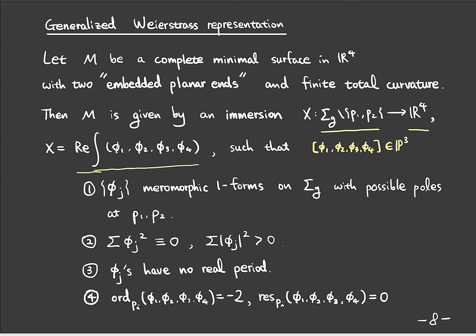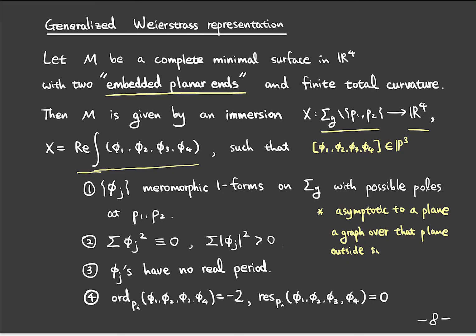Here we say the end is an embedded planar end if it is asymptotic to a plane, and it becomes a graph over that plane outside some compact subsets, and if it has no logarithmic growth.